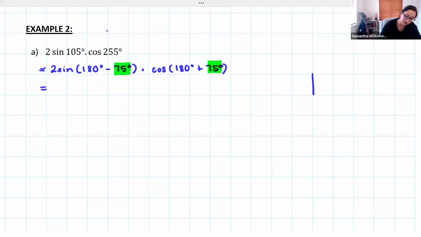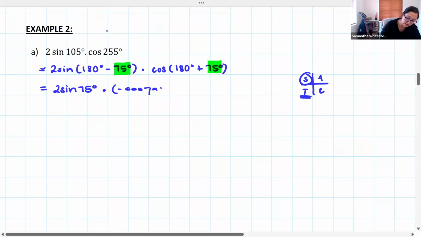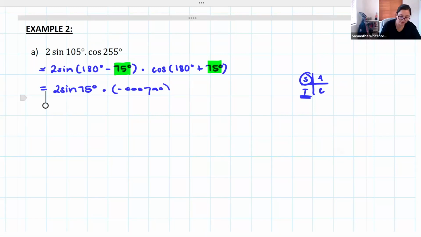So remember your CAST diagram: 180 minus is quadrant 2, where sine is positive. So this is just 2 sine 75 degrees. 180 plus is quadrant 3, where only tan is positive. So this means I've got times negative cos 75 degrees. Sorry, 75 degrees. You get what I'm saying.